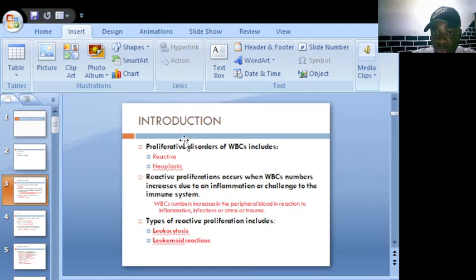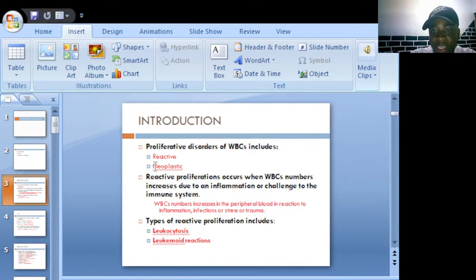The first one that we talk about is reactive proliferative disorder of WBCs. And we can have the neoplastic proliferative disorders of WBCs.